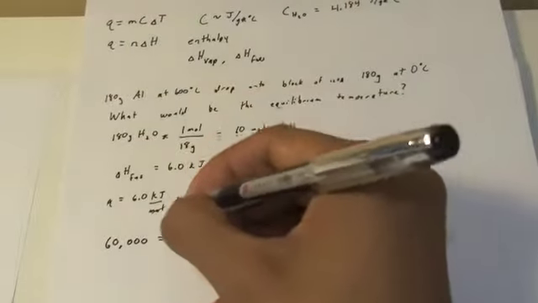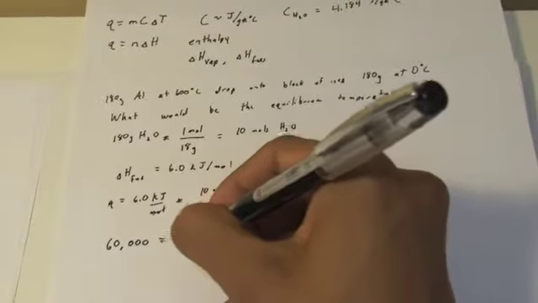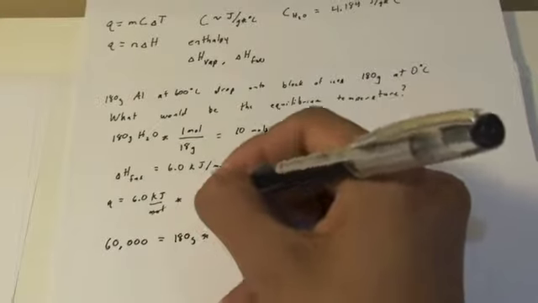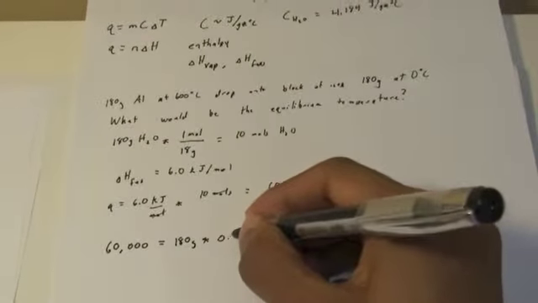And then we have the mass, which we know is 180 grams. Multiply that by the specific heat capacity of aluminum, again an experimentally determined value.